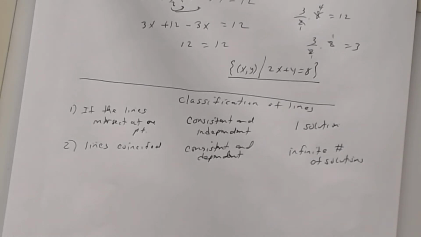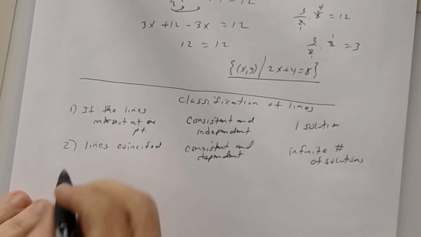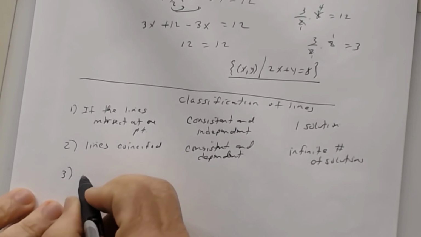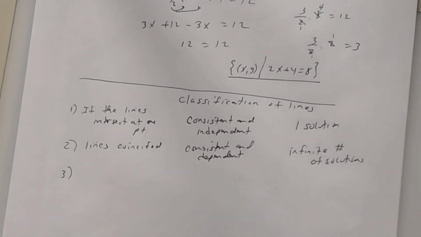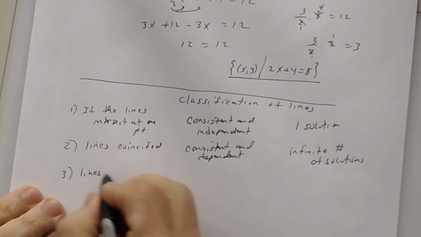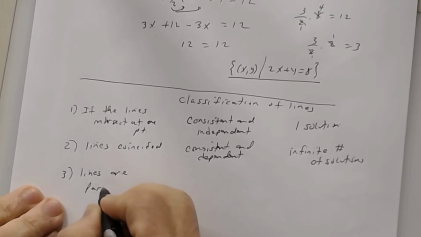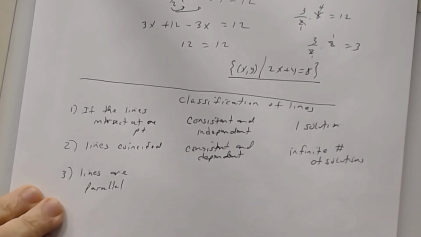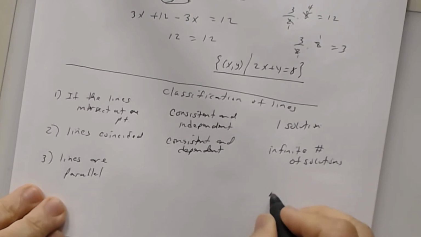And then the other case was where we had how many solutions? No solutions. All right, so 3. When we graphed the lines that had no solutions, what did we say they were in relation to each other? Parallel. So the lines are parallel, that means we have no solution, right?